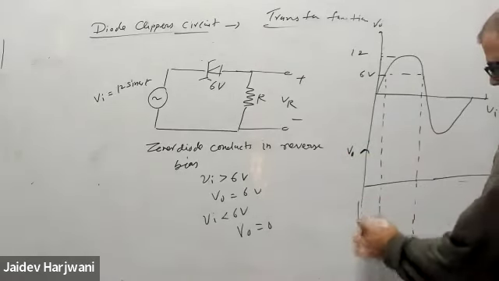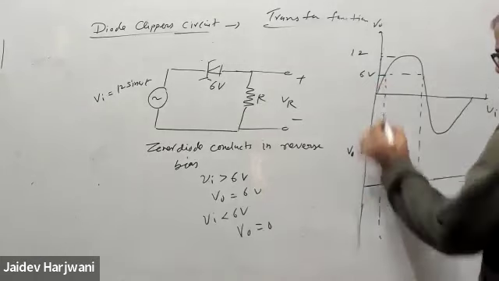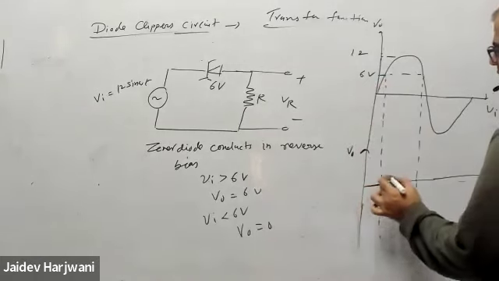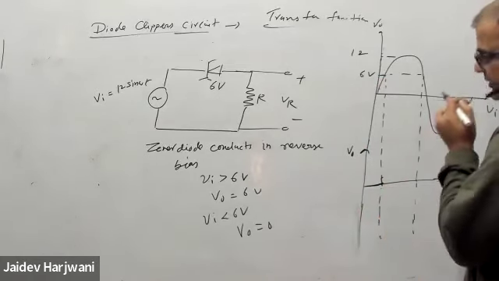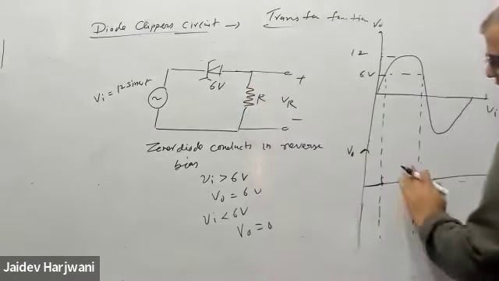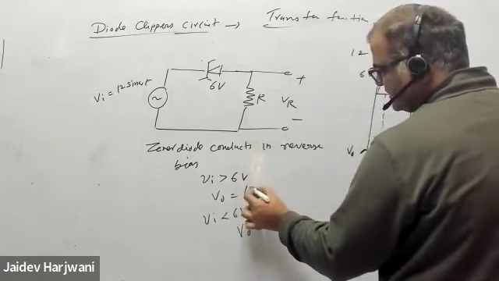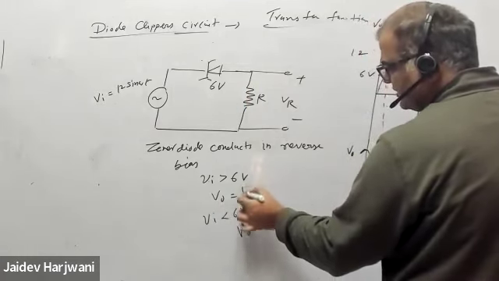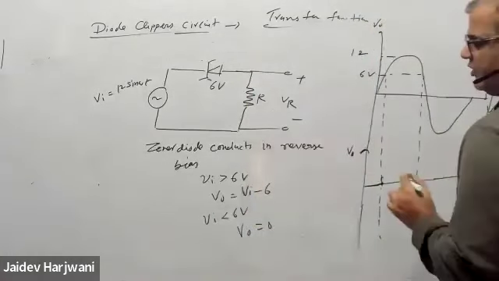So this is your V output. Up to here it is 0, and then it's not 0, here it becomes 6. Then V0 will be your V input minus 6, because here it is fixed.